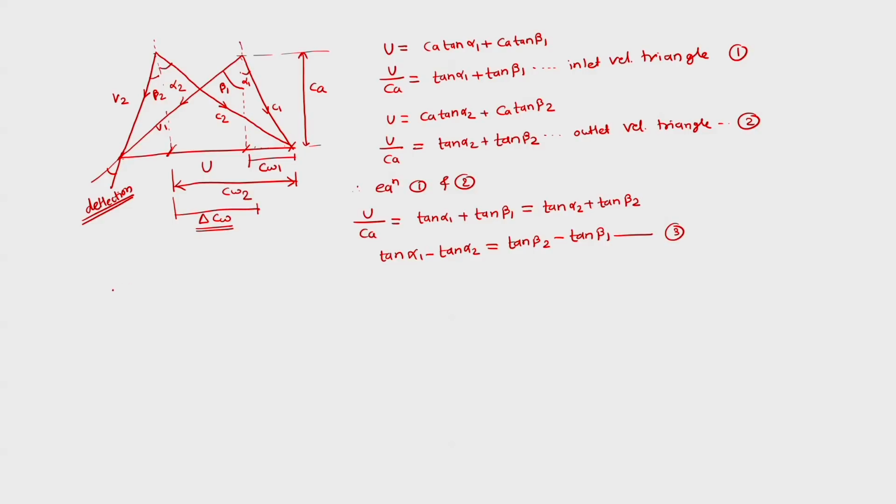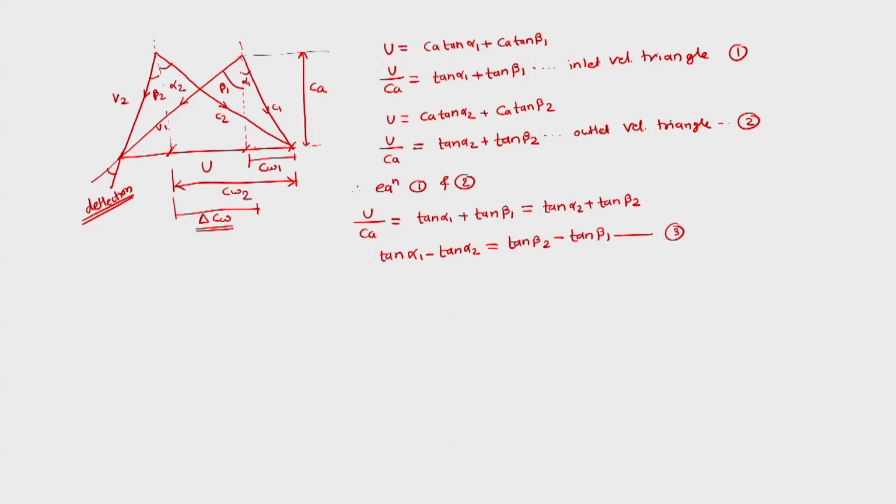Now let us try to find out three things which are of our primary interest, which we did for the centrifugal compressor also. The first thing is to find out work interaction, the second is temperature rise, and the third is pressure rise from the velocity triangle. We have done the same thing from thermodynamics. Now we are trying to do it from the point of view of the velocity triangle.